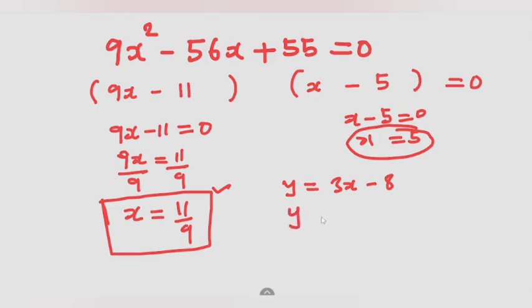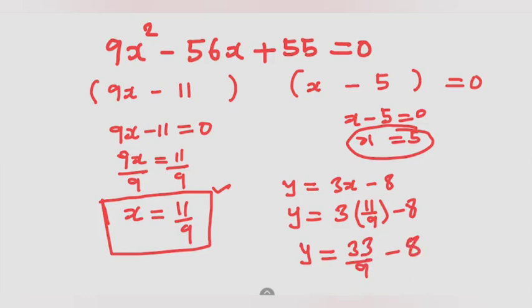So we are going to have y is equal to 3, and where there is x, we are going to put 11 over 9, then minus 8. And this will give us y equal to 3 times 11, this will be 33 over 9 minus 8.